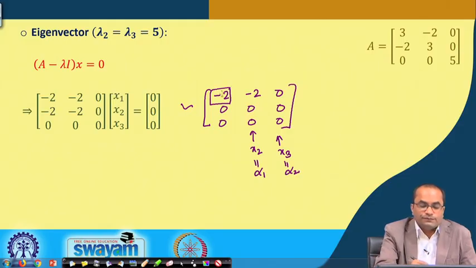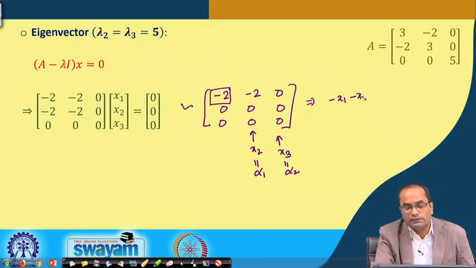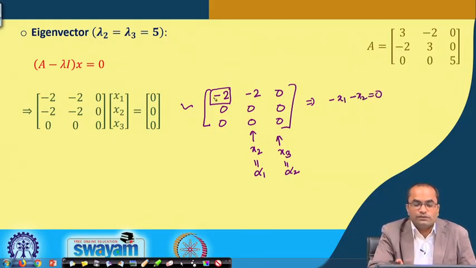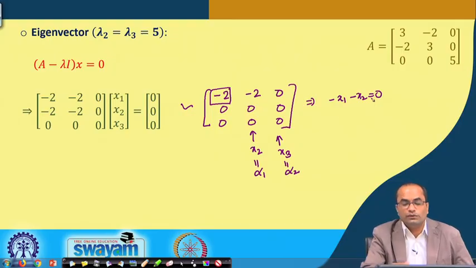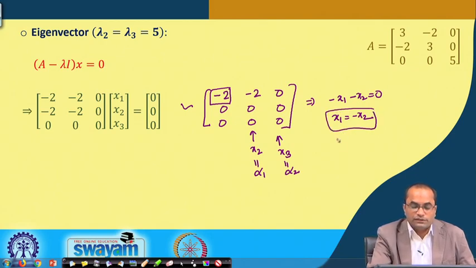Then from equation 1, we have minus 2 x 1 minus 2 x 2 is equal to 0, meaning x 1 is minus x 2. That is coming from equation number 1. So, x 1 is minus alpha 1.